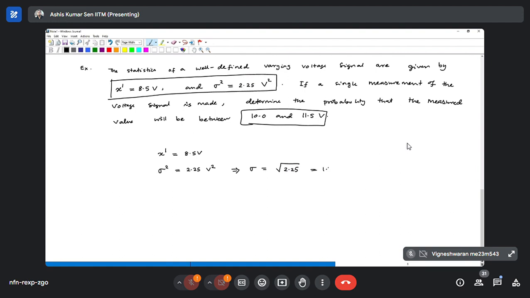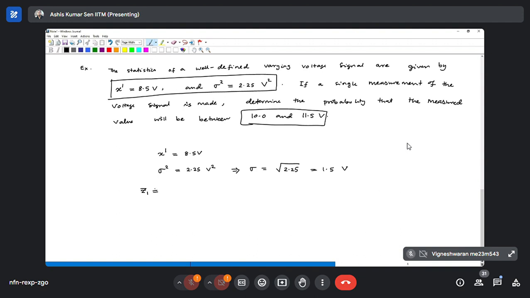That is 1.5 volt. So we have the true mean and the standard deviation. If you want to read the probability table, you have to find the value of Z1.